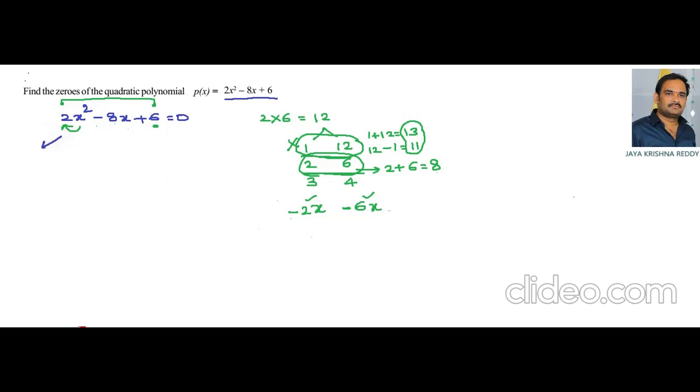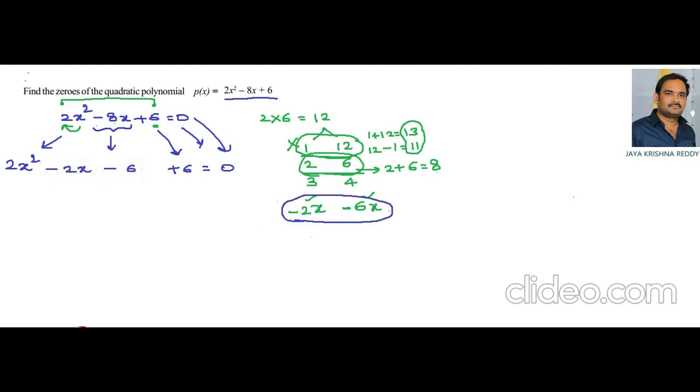Now write the first term as it is, 2x square, and the constant term as it is, plus 6, equals 0. Now in place of minus 8x, the x term, you have to write these two terms, that is minus 2x and minus 6x.